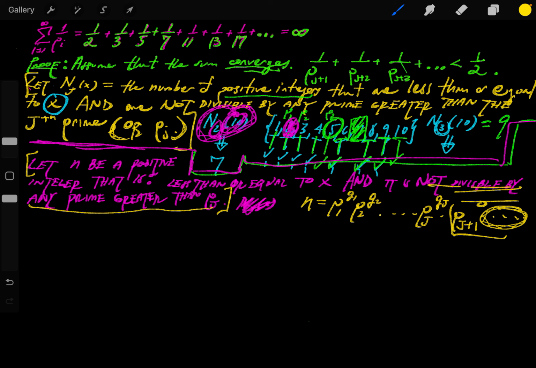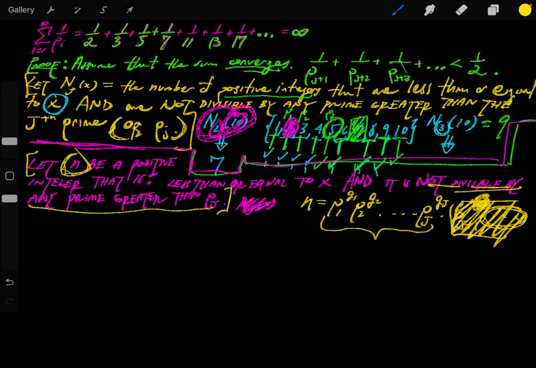So the exponent has to be 0 for p sub j plus 1, p sub j plus 2, off into infinity. All of those exponents would have to be 0. As long as we allow for zeros in the q1 through qj, this is how we could express any such n in this count of n sub j of x.